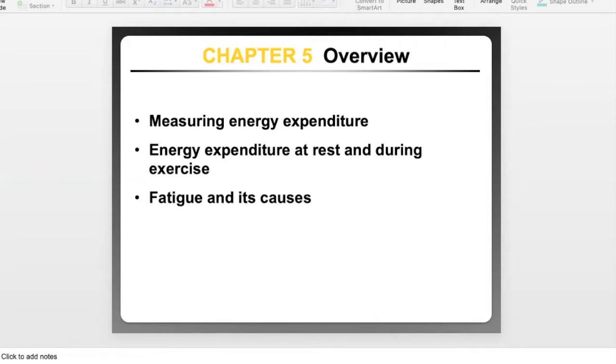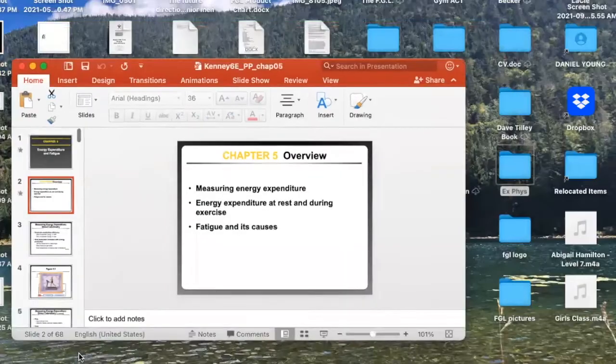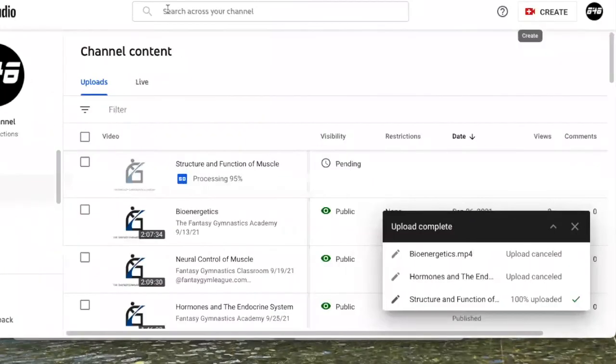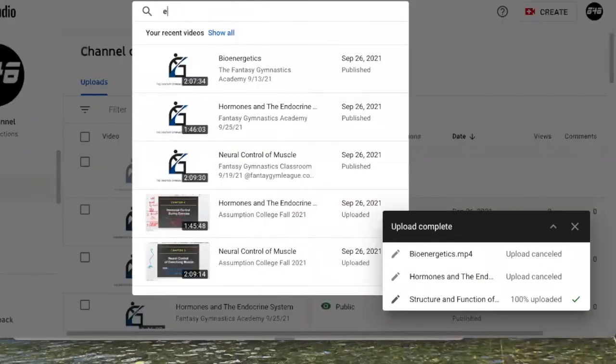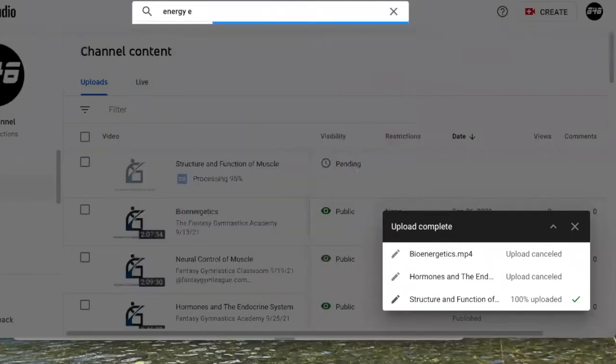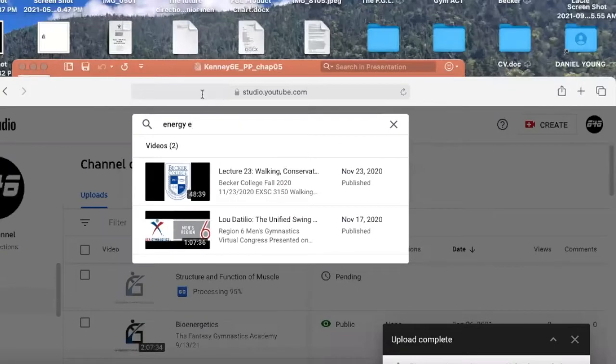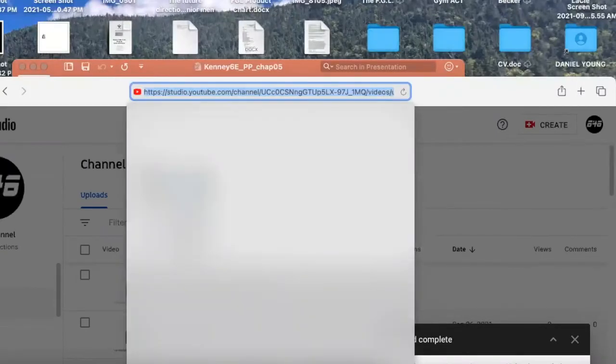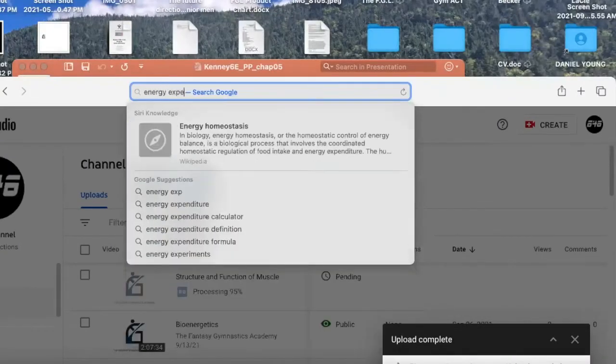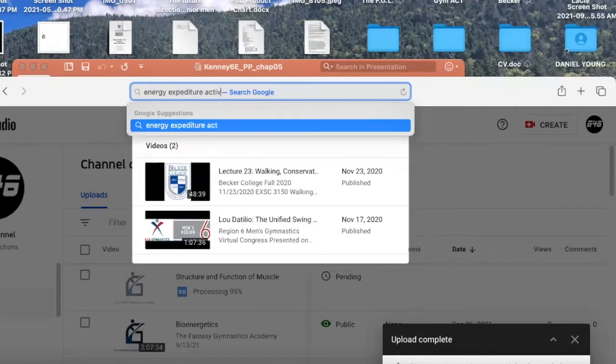Type in some type of energy expenditure internet search. I did energy expenditure on YouTube. Just here, it used to be Calorie Lab, but energy expenditure activities, calories, something like that.